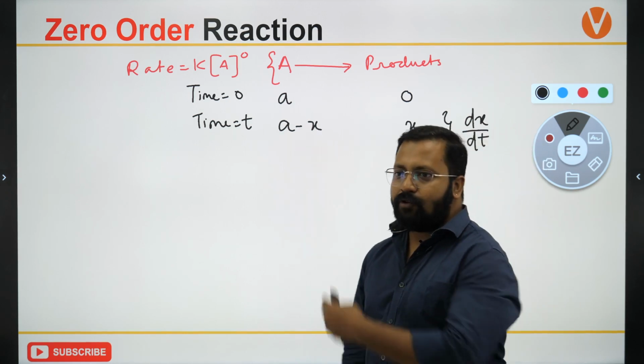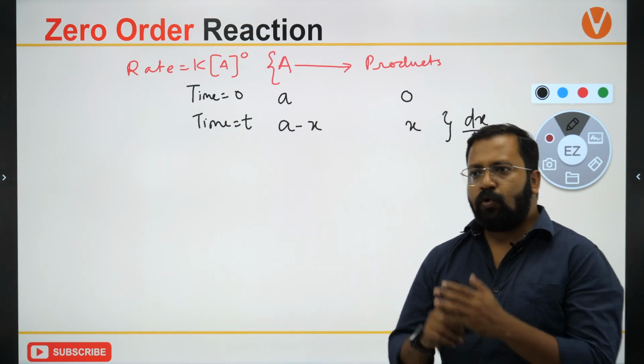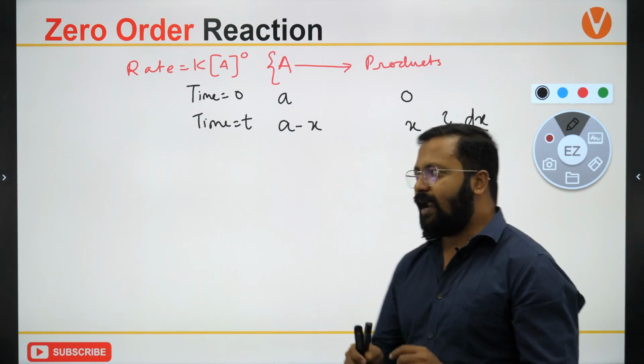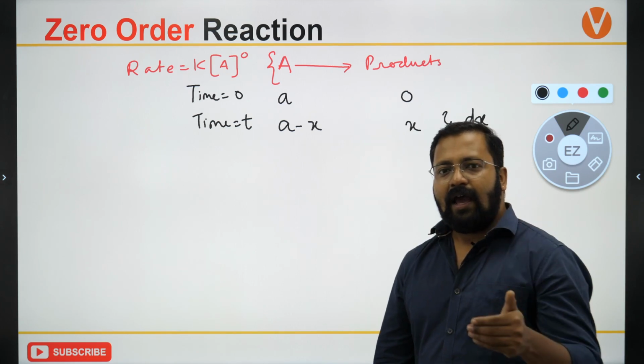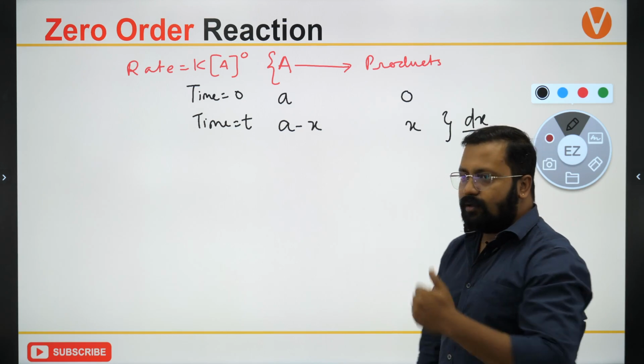But over here, I will have to work with minus dx by dt. So the point is, do not use negative things in the equation because you might mess up a negative sign and your calculation goes wrong. Use products to calculate the expression.